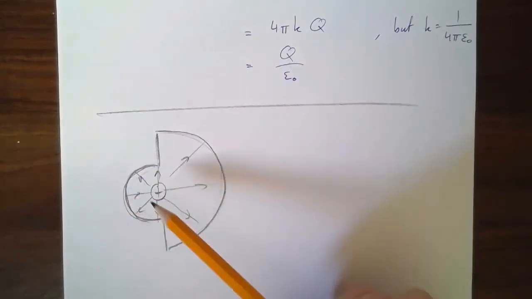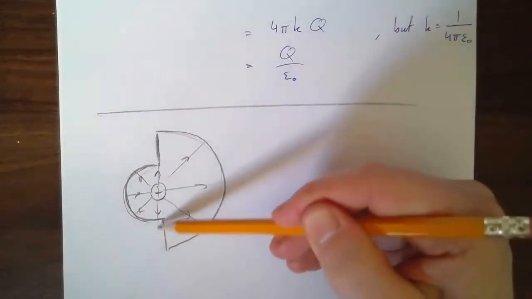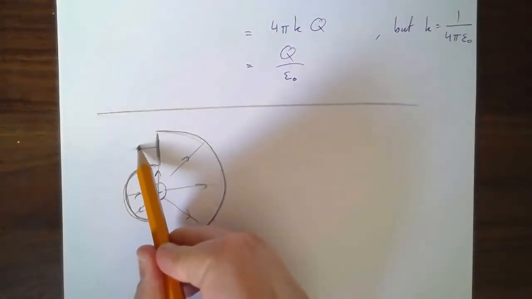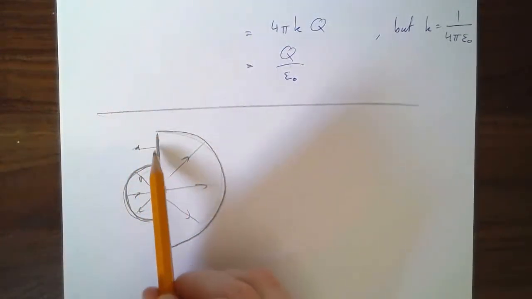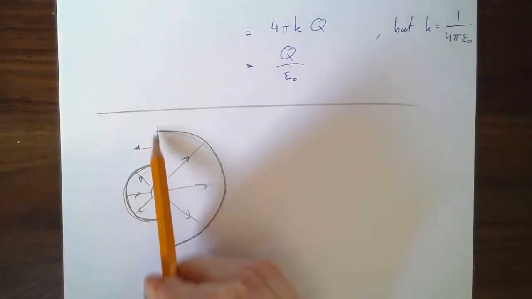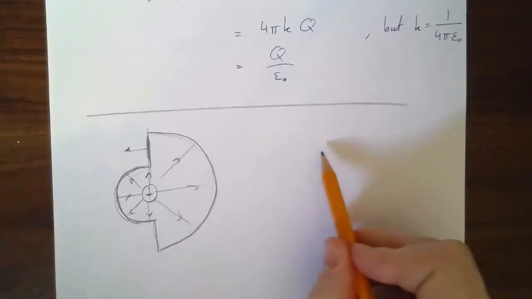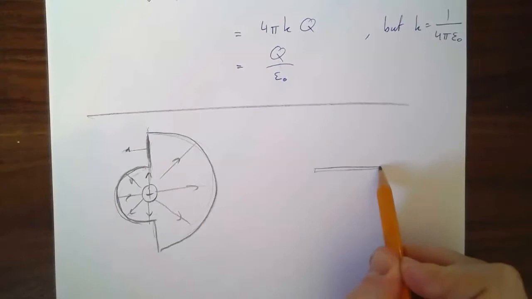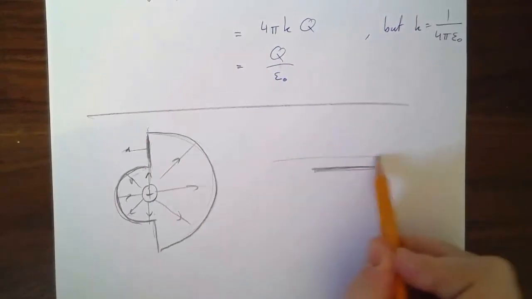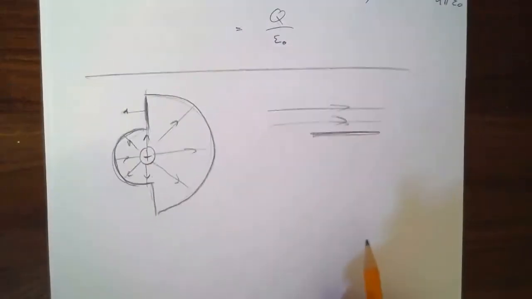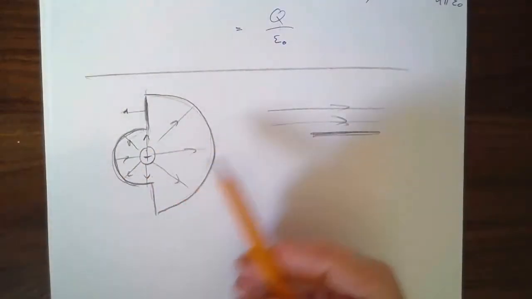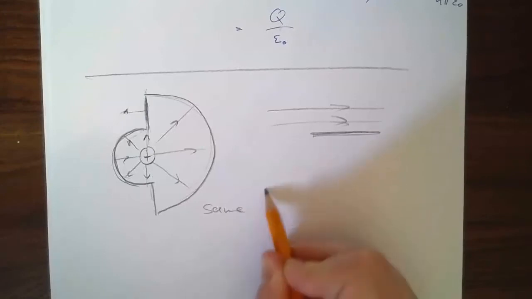So they add up to the same, and there's no flux through those flat parts, because they stick out sideways and are perpendicular to the direction of the field lines. It's kind of the situation where we hold our window like this, and the air just blows over the top of it, and nothing goes through it. So this has the same total flux.